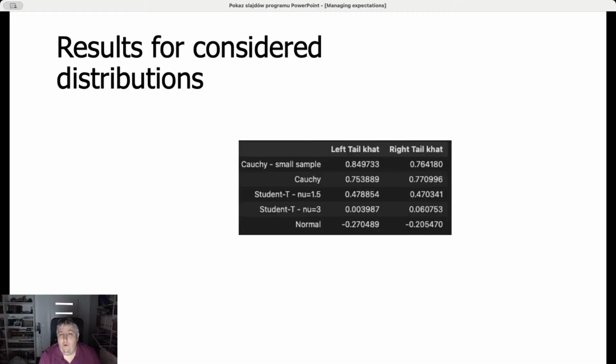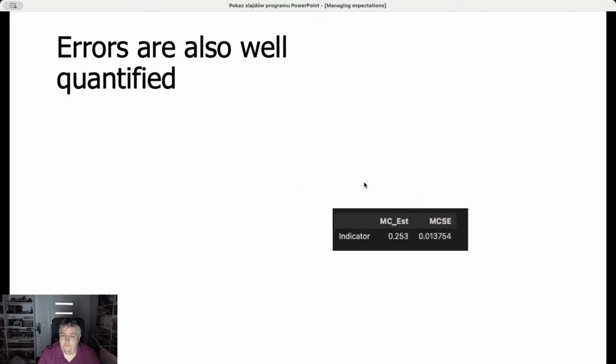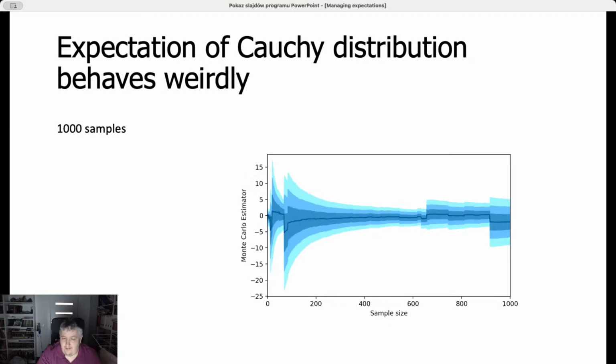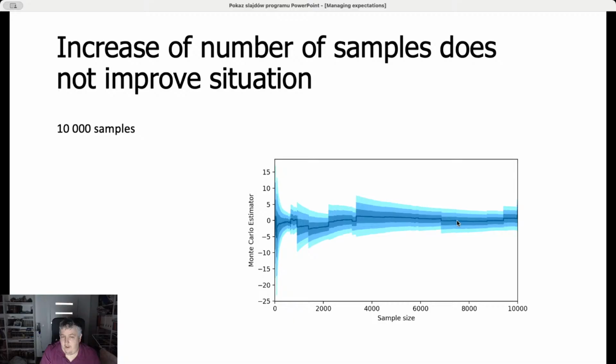For example, if we take the samples that we had before, what can we see? If we take our Cauchy distribution, the first samples here, we can take those values and compute the tails for them.